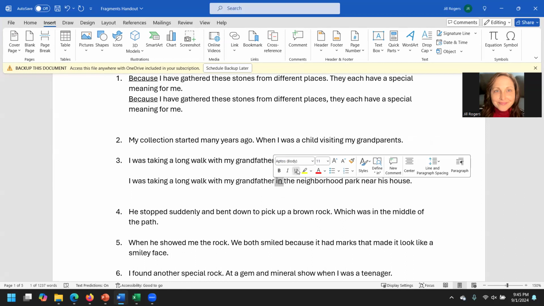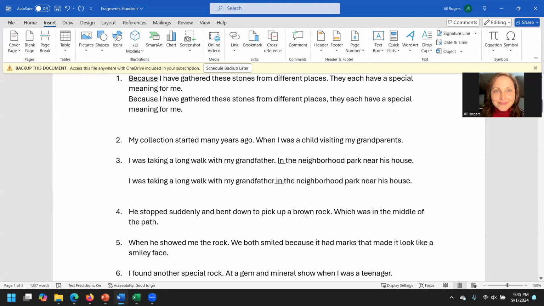Feel free to keep the underline if you want, or not underline it. I like the underline in there, but you can do whatever you want. You don't need to underline it. So that's all you have to do to fix it, okay? And then you have to do the rest on your own. So take your time. Just find either the preposition or dependent word, right? And combine the sentences.